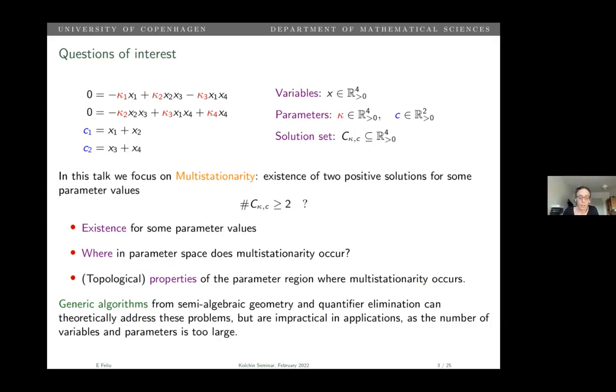But here, the main difficulty we encounter is that the systems of interest have a lot of parameters and a lot of variables. And usually you cannot really use these generic algorithms. You need to put in some more information about particularities of your system.